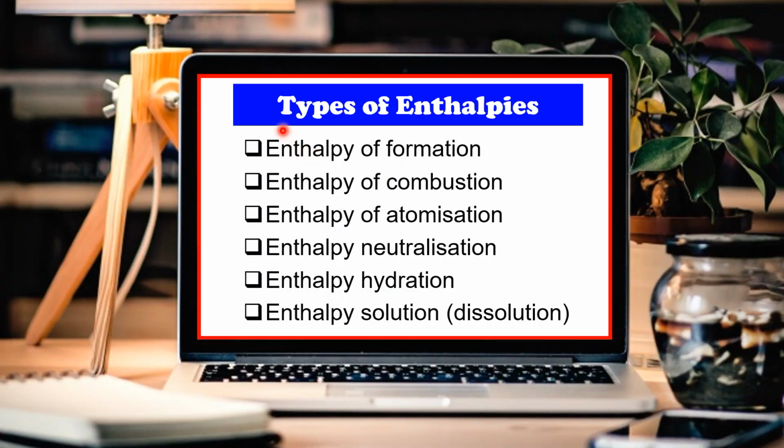Kelvin. There are 6 types of enthalpies that you should know. First is enthalpy of formation, then enthalpy of combustion, enthalpy of atomization, enthalpy of neutralization, enthalpy of hydration, and enthalpy of solution, also known as dissolution.